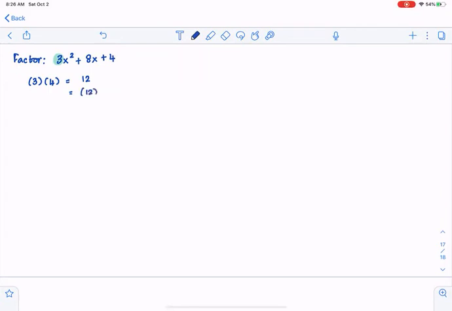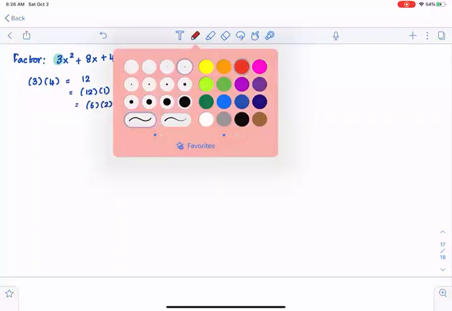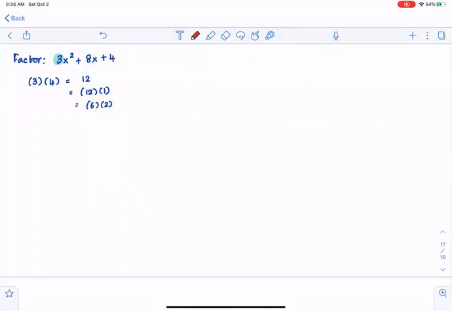Other ways would be 12 times 1, 6 times 2. 12 times 1, if you add 12 and 1, you get 13. If you subtract 1 from 12, you get 11. Doesn't match up to 8. 6 plus 2 is 8, so it works.